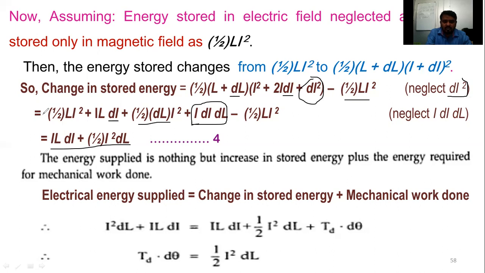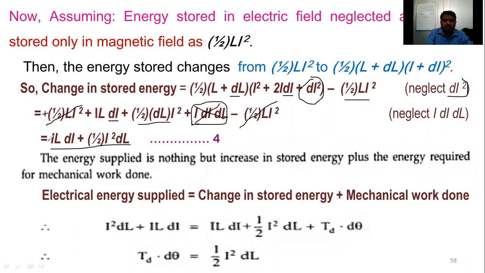Here there is no sign, so it is plus only. Here the minus term is there. These two, plus and minus, will get cancelled. This one is neglected here. Now, what is the term left? I L dI plus 1 by 2 I square dL.